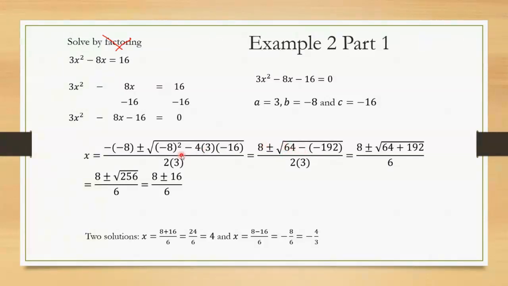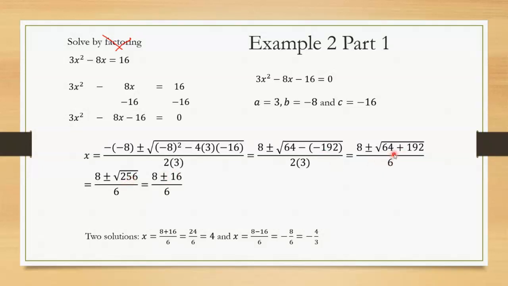But now notice, because that's minus 8 squared, we have minus a negative. That's why we have minus negative 192 over 6. And so from here, we get 8 plus or minus the square root of 64 plus 192. Again, minus a negative, double negative becomes a plus, over 6. And so we get this here.